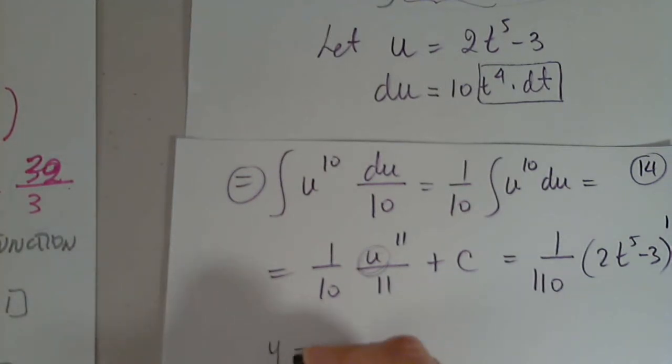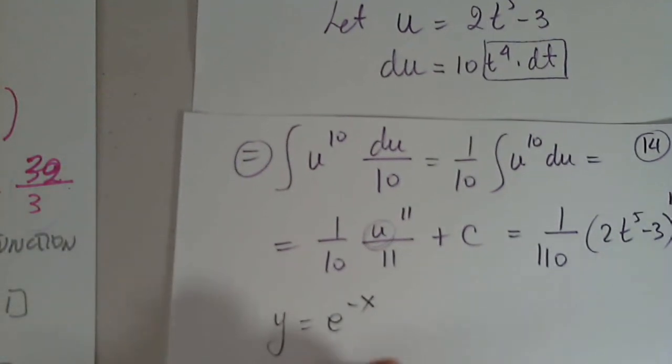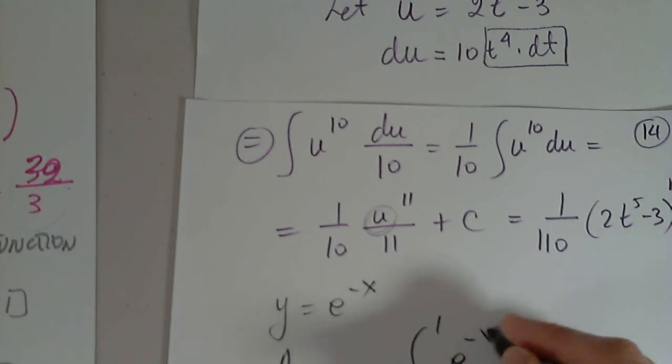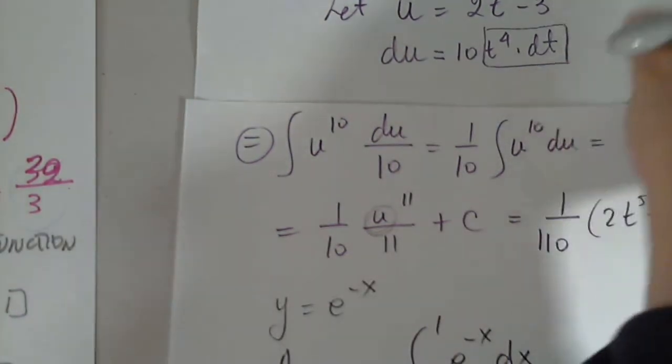And now I would like to go back to this. If I have y equals e to the negative x, and I'm asked to find the average of this function on 0, 1, I know it's 1 over 1 minus 0, but it's 1, so I don't have to write it. The integral from 0 to 1 of e to the negative x dx.